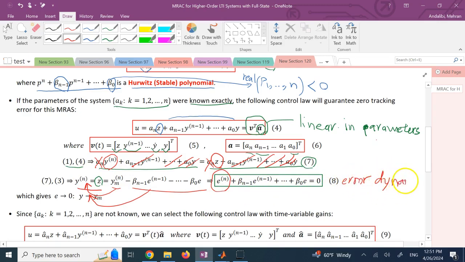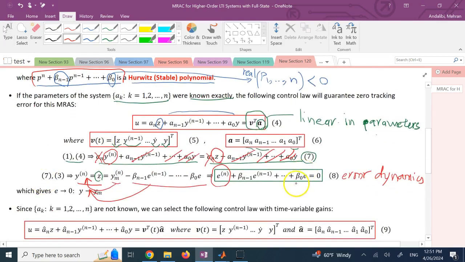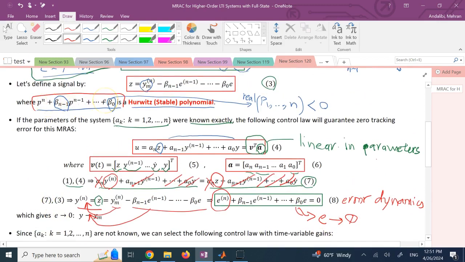And if all of these betas are selected such that the polynomial is a stable polynomial, then there is a guarantee that e should go to 0. That's why we pick those beta that way.